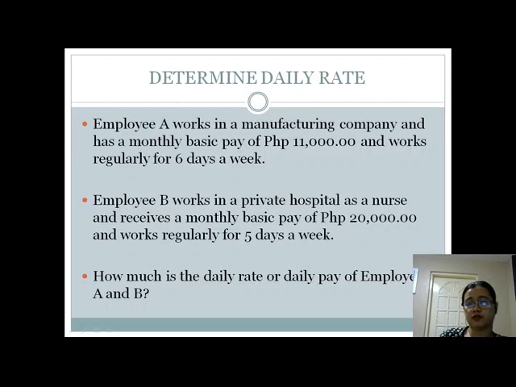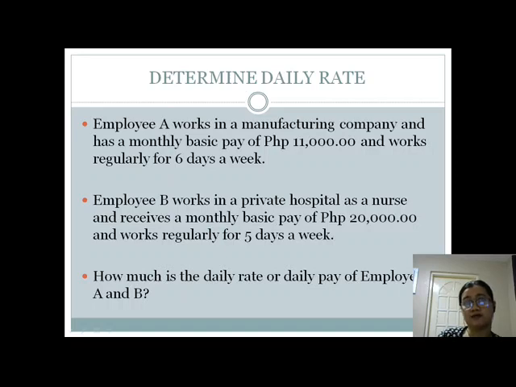If you review the slide, those employees work 6 days a week with 1 day off, or rest day. Then employee B follows the 5 days of work in a week and 2 rest days, which are unpaid, or a total of 40 hours a week.